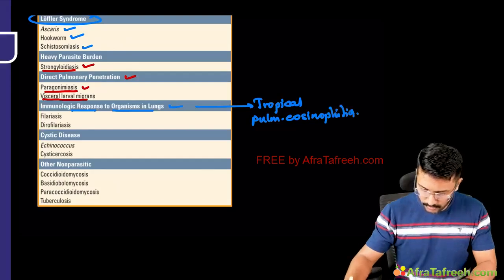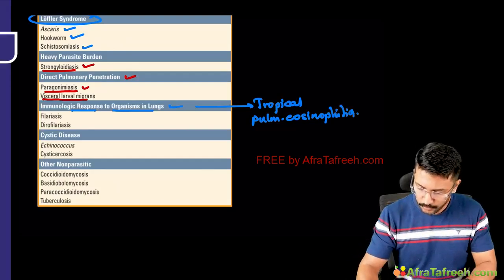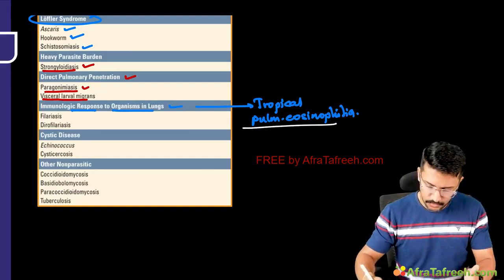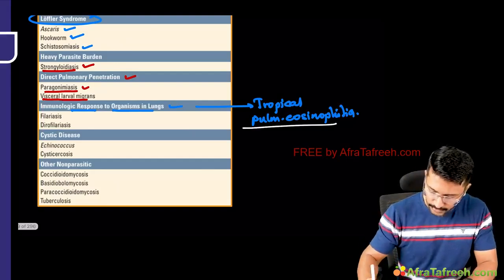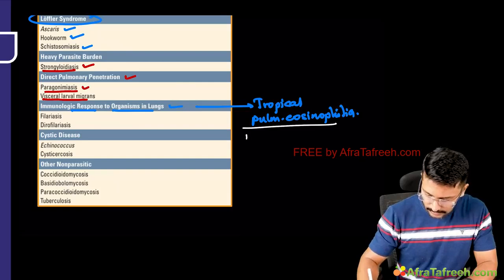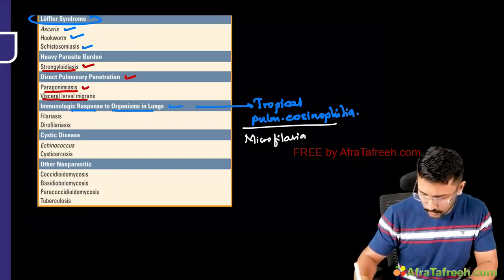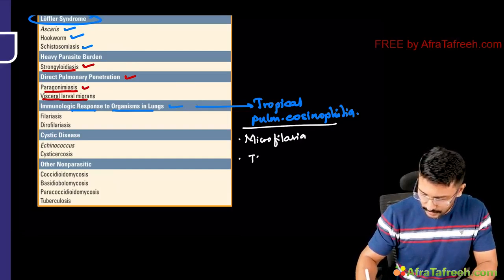Now we need to know a few more points about tropical pulmonary eosinophilia, which is usually due to presence of microfilaria in the lung parenchyma. It is an allergic reaction to the presence of microfilaria and it is a type 1 hypersensitivity reaction.